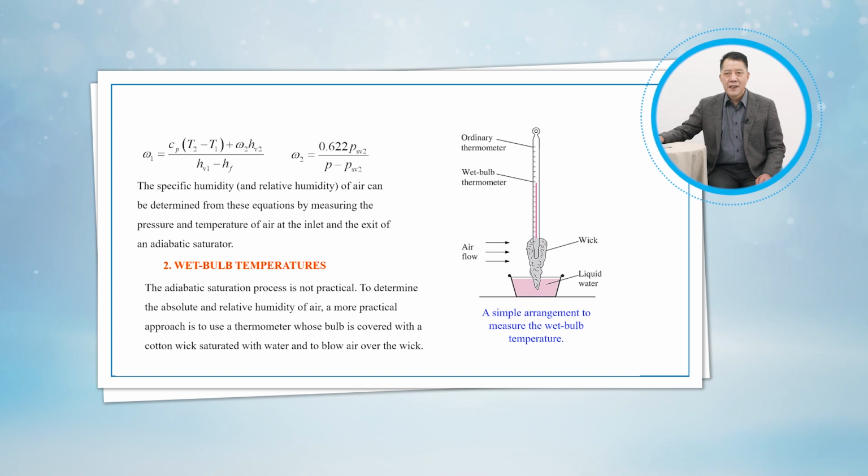A more practical approach is to use a thermometer whose bulb is covered with a cotton wick saturated with water and to blow air over the wick, as shown in Figure 7.6.